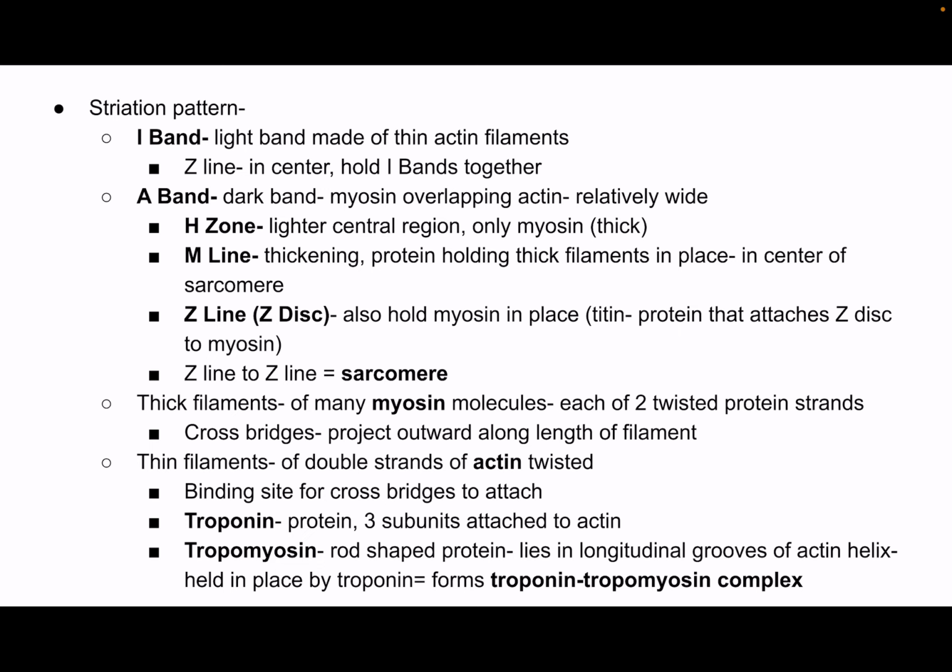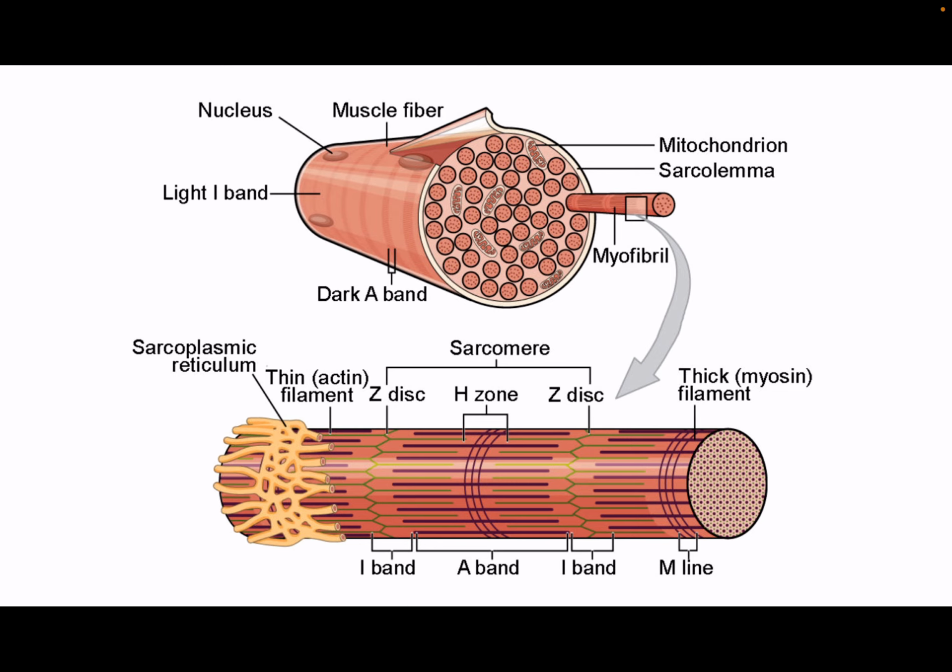Okay? So again, thick filaments, myosin, where we have the golf club head sticking out. The actin is the thin filaments, and they have troponin and tropomyosin on them. So this kind of wraps up everything you've seen here. Notice I have the I band, which is the light band, looking down at the bottom picture. Notice it's a little bit lighter, and there's just actin there.